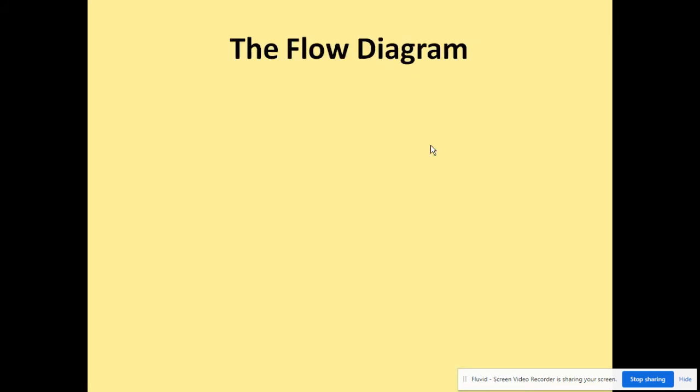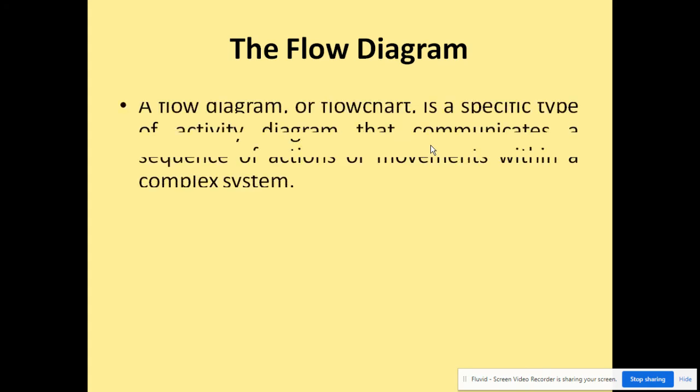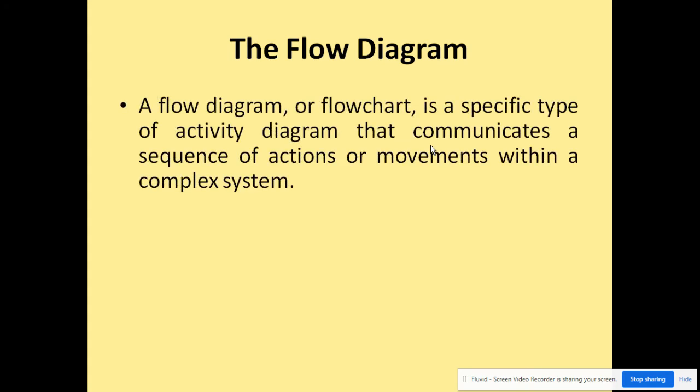Let's go ahead. Flow diagram. Earlier we discussed the flow chart. I think you all have good knowledge about the flow chart. What is a flow chart? The flow chart is one type of activity diagram that communicates a sequence of actions, or you can say the movement of a complex system.